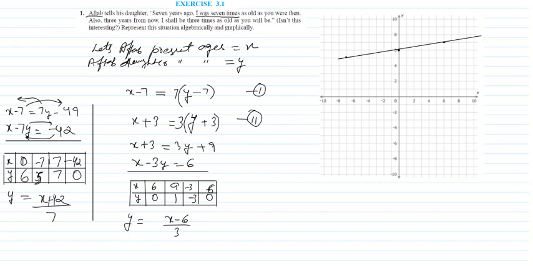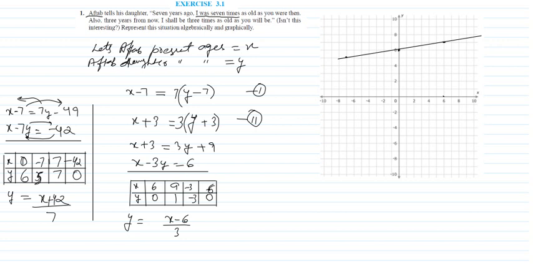Similarly, we can plot the points of the other equation, like 6 and 0. When x is equal to 6, y will be 0. So this will be the point. When x is equal to 9, y will be 1.